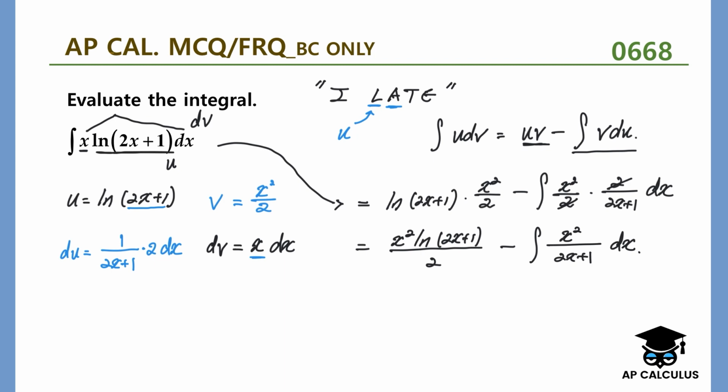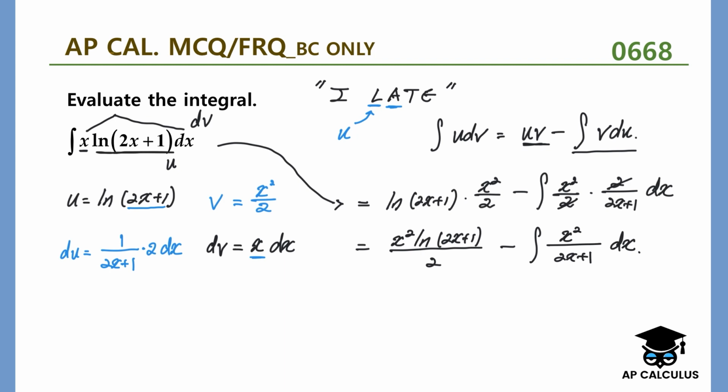Now we have to find the indefinite integral right over here. This is in fraction form, but when we look at this fraction form, we have a higher degree in our numerator. This is x squared, this is just the x, right? Then what we have to do is we got to do long division first and then find the antiderivative of this expression, right?